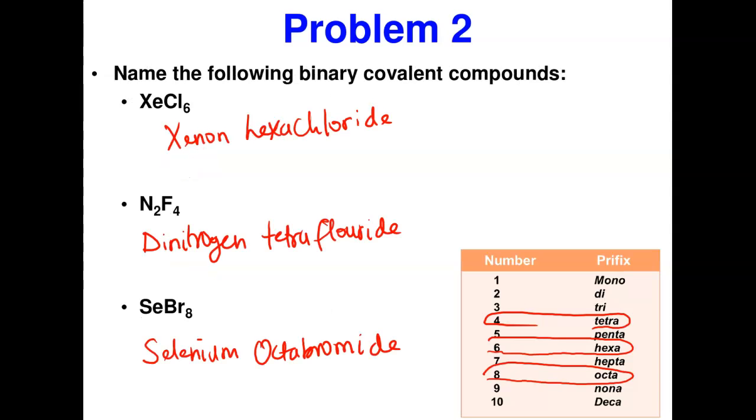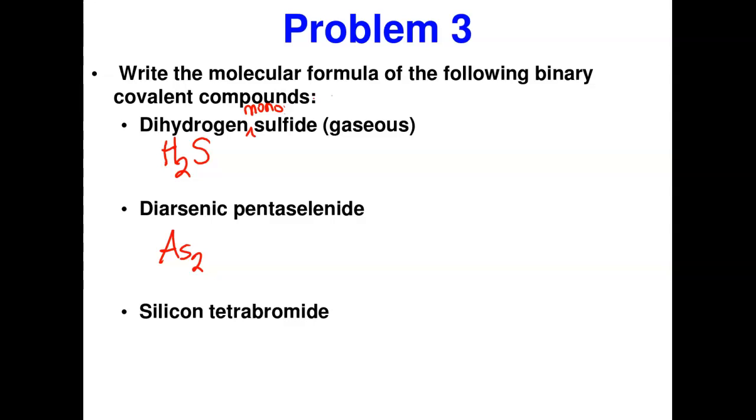Remember, in the exam you're not going to be given these prefixes, but for now as you're practicing you can always go back and look at them and use them for practice. So penta means 5. Pentaselenide. Selenium is Se. And how many atoms do we have there? 5. I'm going to put 5 at this point.